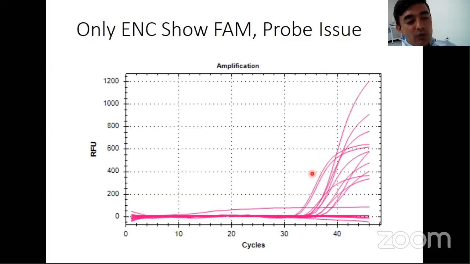If you don't put any positive sample and the detection still appears in the FAM or whatever probe, we need to re-perform this PCR process, or look at another batch of the probe, the machine, the cycle, or try another kit of the probe.